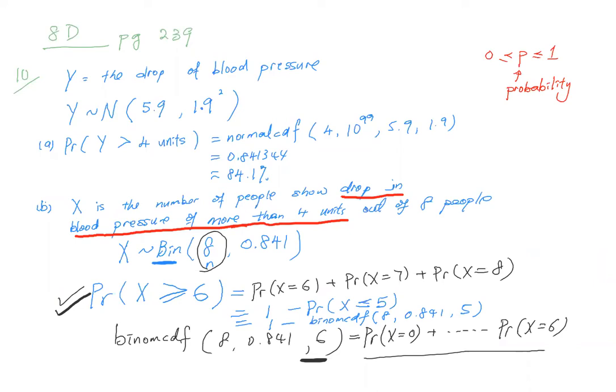From a normal distribution, I have certain criteria, and this criteria happens in a binomial. That is the success for the binomial. Are you clear?